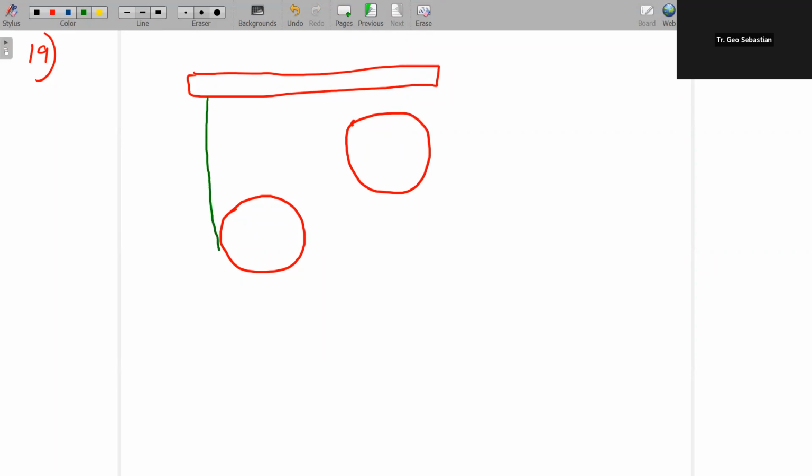So this is going like this, and it is going like this. Here is the effort E. This one is pulley A. This one is pulley B. And here you have your load.